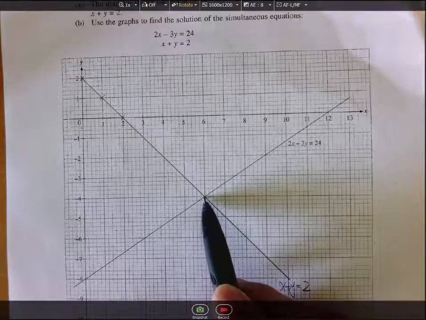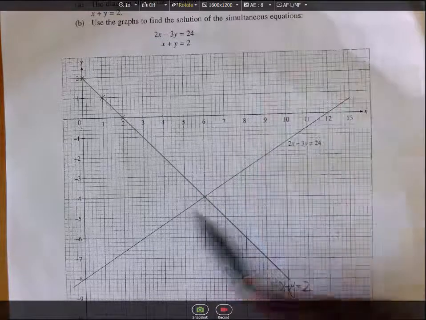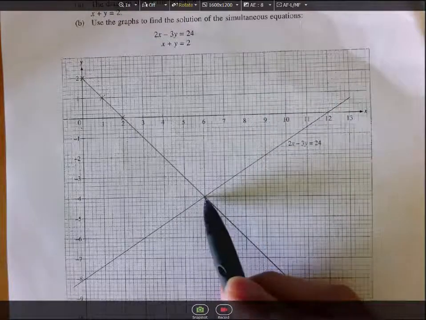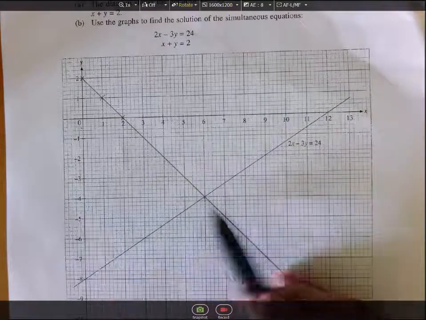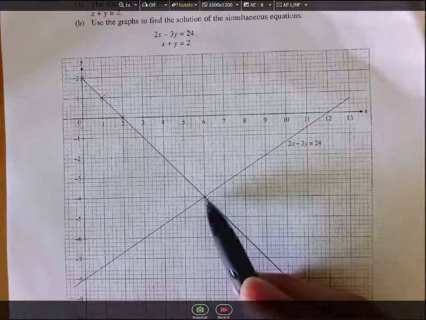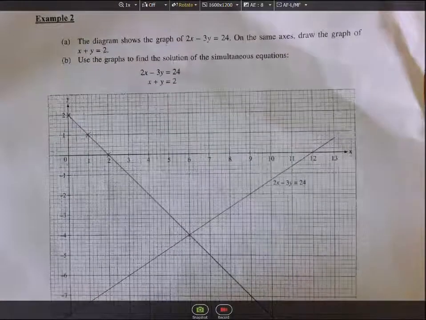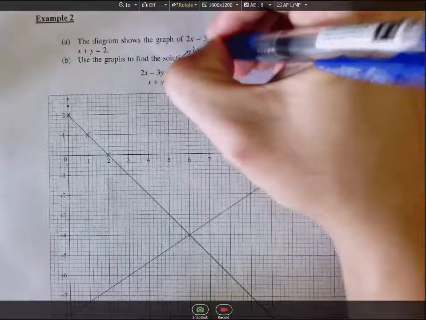So basically, the intersection point is the solution of these two simultaneous equations. I repeat, this value of x, 6, and y, -4, satisfies this line because it lies on this line. It also satisfies this line because it lies on the line.